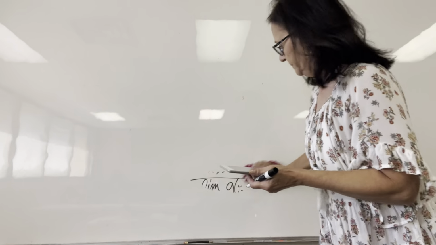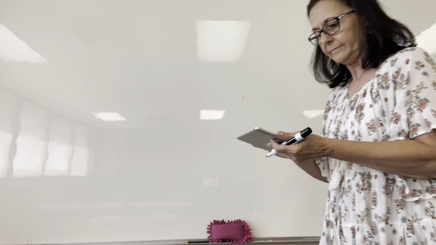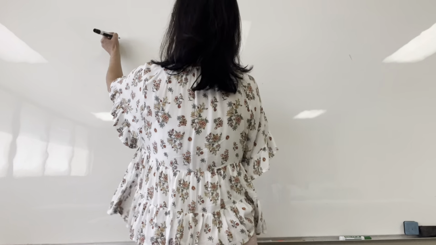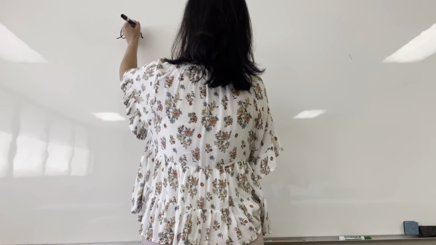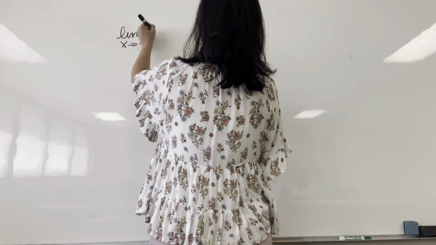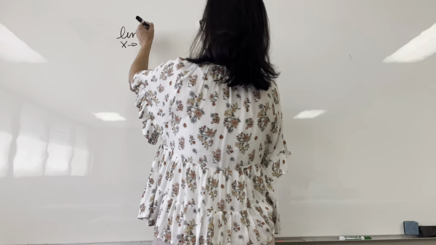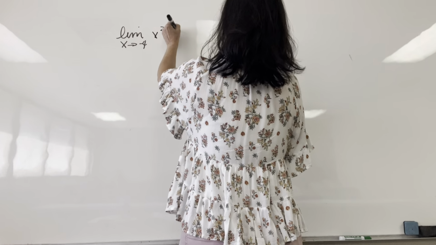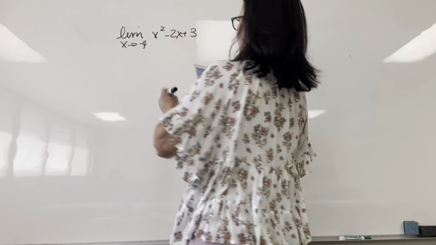Look at example 1. All right, we want to find the limit as x approaches -4 of that function. I'm going to write the function here: x squared minus 2x plus 3.